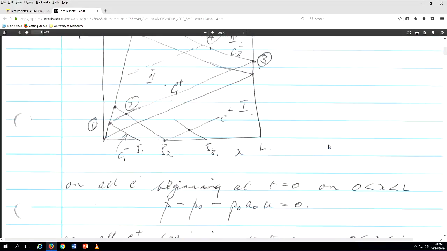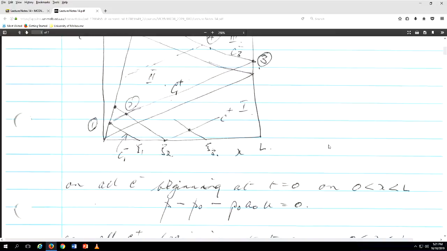So this C minus characteristic that starts here goes back here and intercepts the piston at the point 1. So now you have to update what's going on at 1, and work out what the constant is on this characteristic, C1 plus. And if I worked out the nature of this characteristic, then I could intercept it with the negative one from here at, say, some point 2.